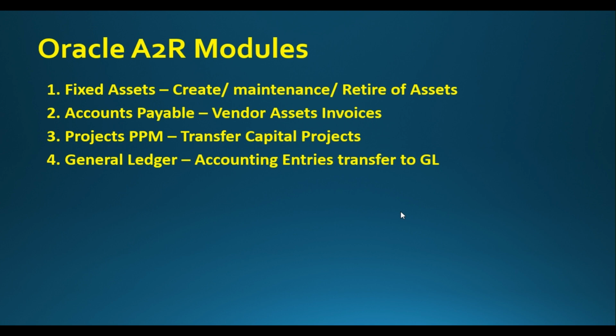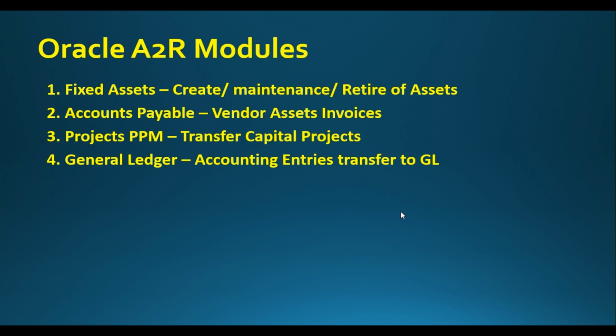You accumulate all this cost in the project, and it is more like, say for example, a CIP asset, construction in progress. Every month we transfer that cost to the CIP assets.